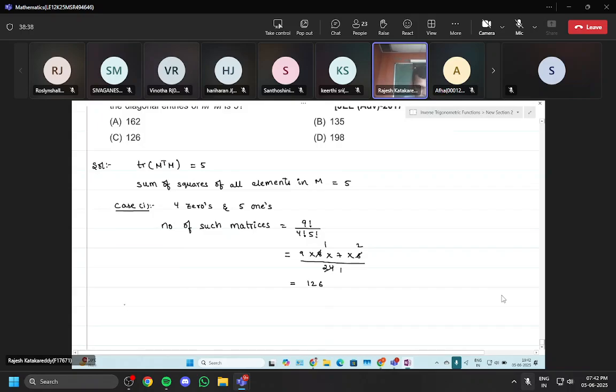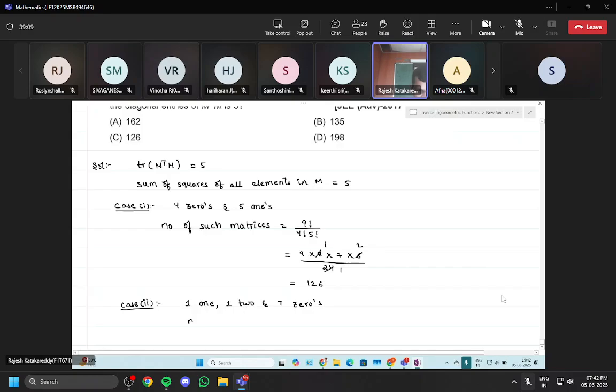In case 2, we have 1, 2 and 7 zeros. 3 ones, no. We are doing squares, no. 2 square is 4, then 1, that is 5 only. 3 ones won't come.